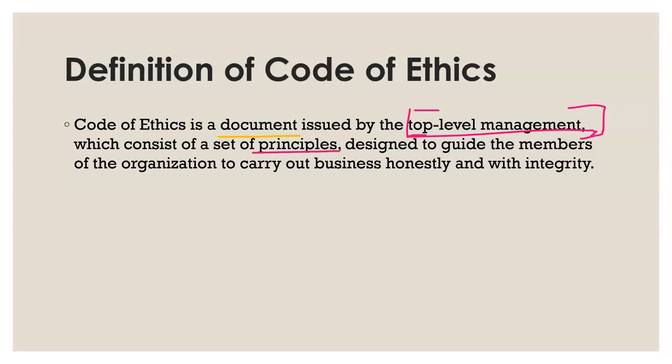It consists of principles, and it is designed to guide the members of the organization. So all the members of the organization, any employee at any level, will carry out business honestly and with integrity. Basically these are principles which guide all the employees working in the organization to work honestly and with integrity. They help them understand what is right and what is wrong. So that is what this document is all about.